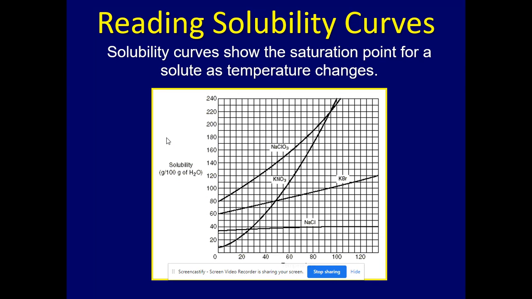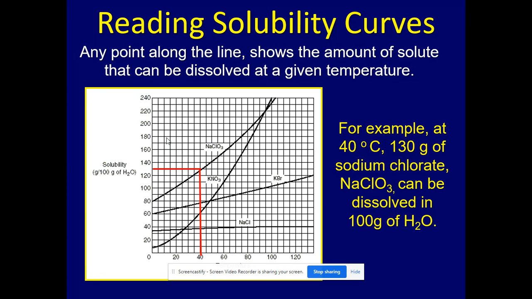So, reading these solubility curves. What the curve shows is a saturated solution at that temperature. Anywhere along the curve is the saturated amount, how much can dissolve at that temperature. Here's an example. At 40 degrees Celsius, look at the bottom, there are your temperatures. Carry that up to the point for sodium chlorate, which is NaClO3.